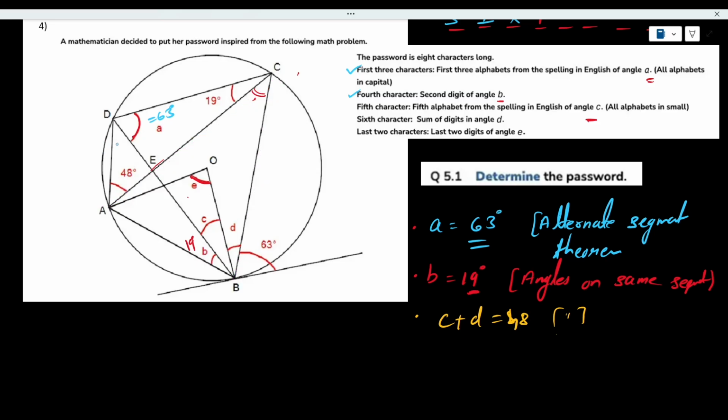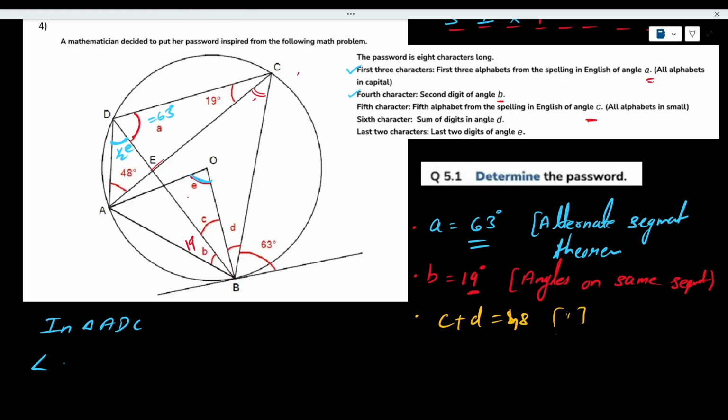So how to get it here? Can I find this angle using the angle sum property? So in triangle ADC, this angle will be half of E, the central angle, because to calculate C, I first have to find this. So how are we going to get it here?